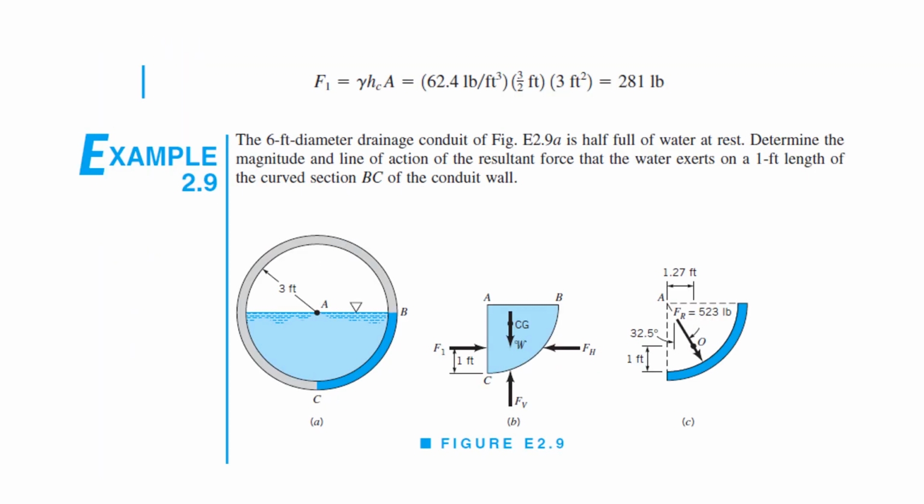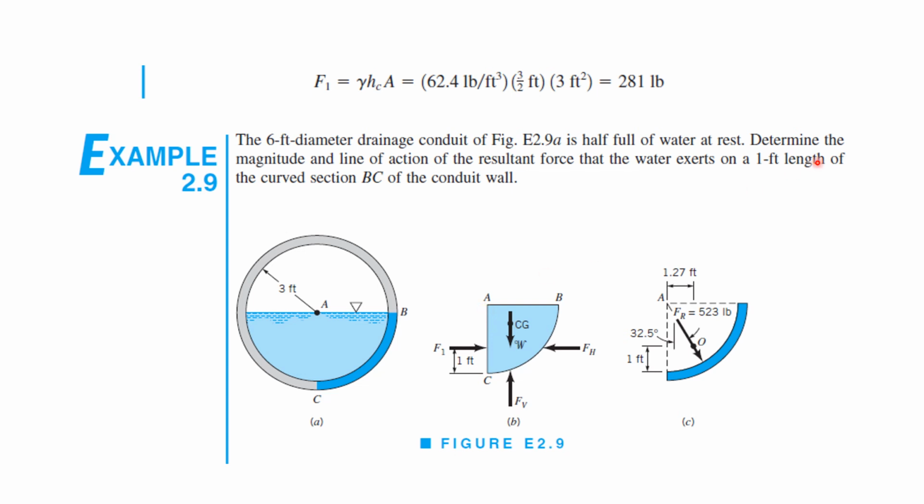In order to find the horizontal force F1, it is equal to the specific gravity times the height of the centroid of the plane multiplied by the area of the plane. So the area of the plane is equal to AC multiplied by 1.